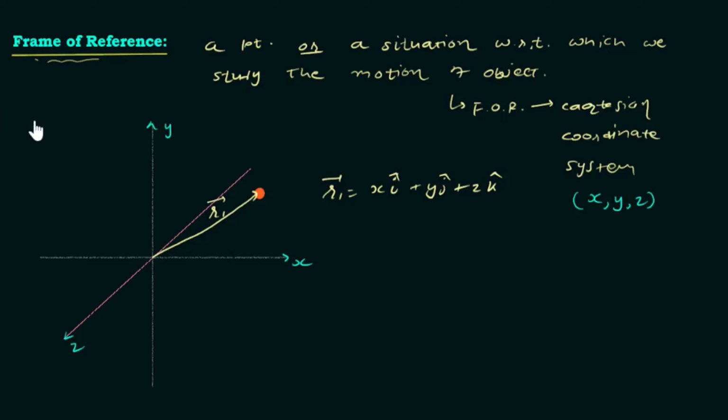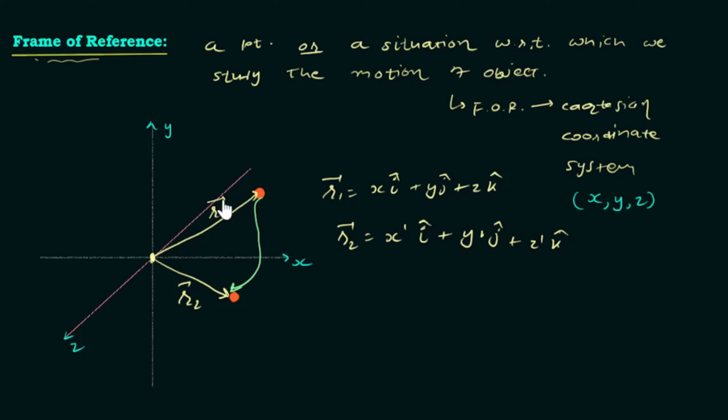Let us move from this particular point to this other point, which is here. This is our r2, and I can take r2 as x dash i cap plus y dash j cap plus z dash k cap.